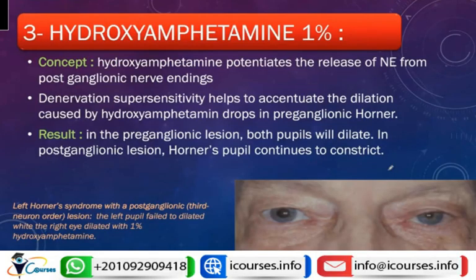After diagnosis of Horner syndrome, we can leave the patient for about 1 to 2 days until both eyes return to normal, and then we can do other tests to know its level. The first one is called hydroxyamphetamine. Hydroxyamphetamine 1% potentiates the release of norepinephrine from the postganglionic nerve endings.